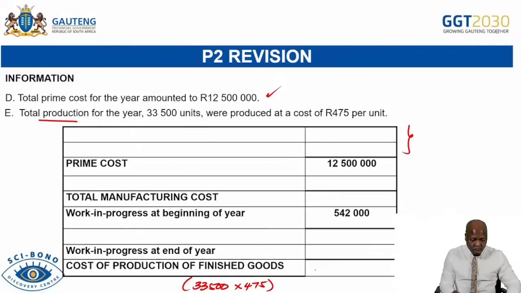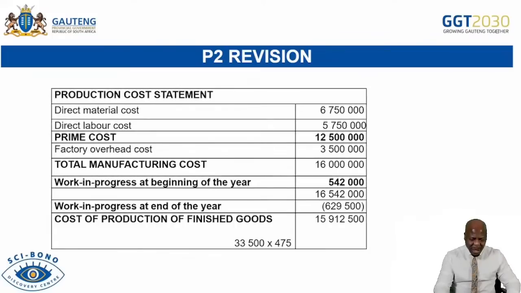That is the cost of production of finished goods. That will give us 15,912,500. That becomes the last amount. And then once you get that, you can then get your working process. Remember, you're now doing it from the bottom going up because here you are coming from the top and then you meet in the middle.